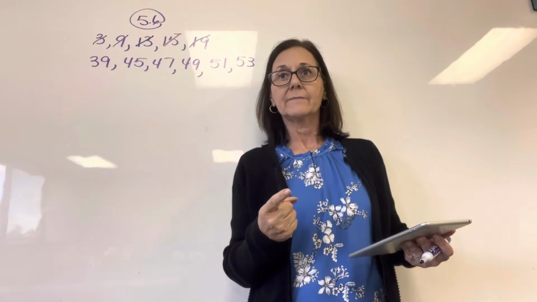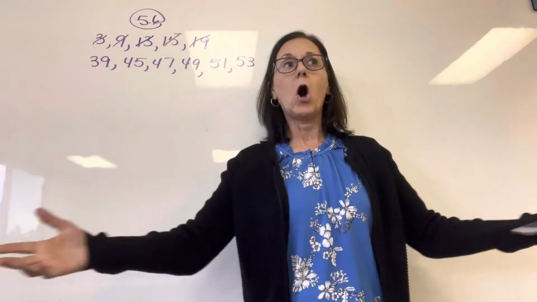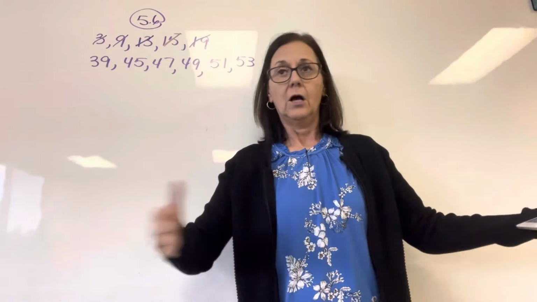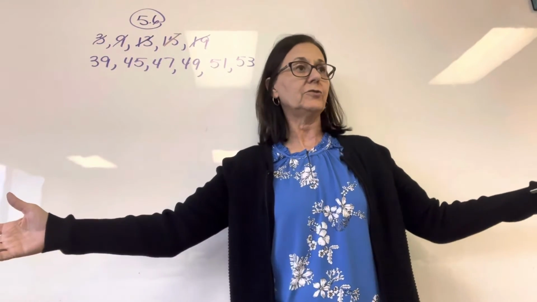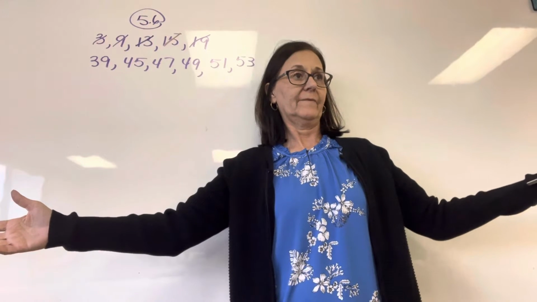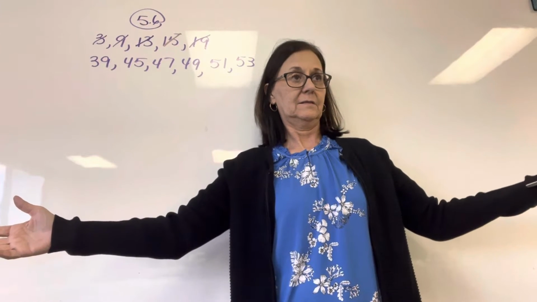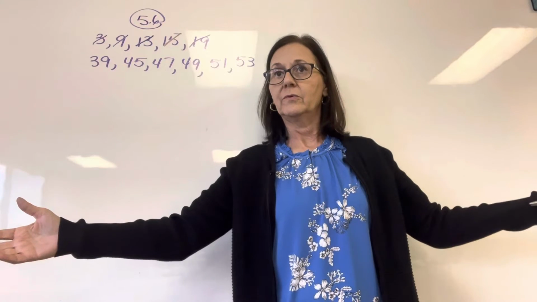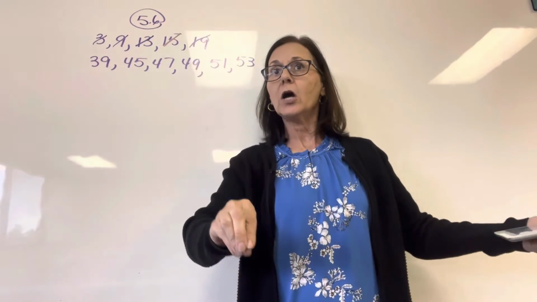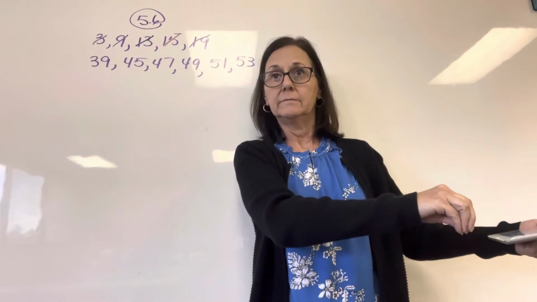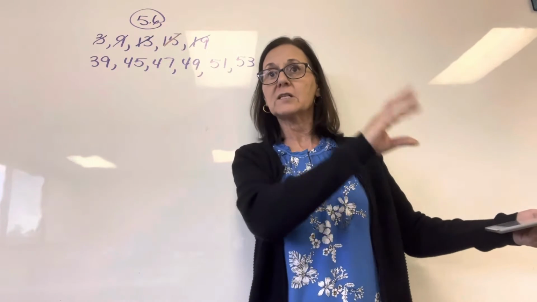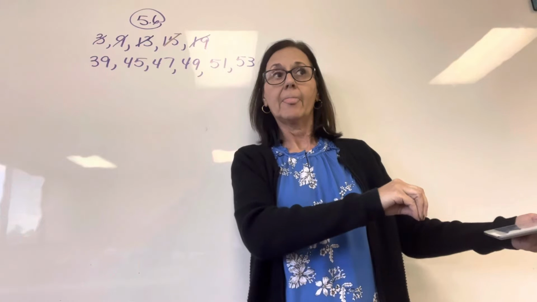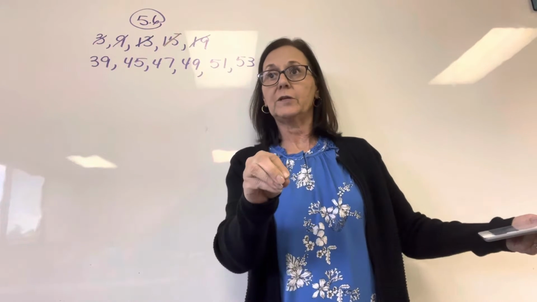One is all logs. Logs on the right-hand side, logs on the left-hand side. What do you do, Therese? Give the common base. Single log equals a single log. Then once you have a single log equals a single log, you set the arguments equal to each other.